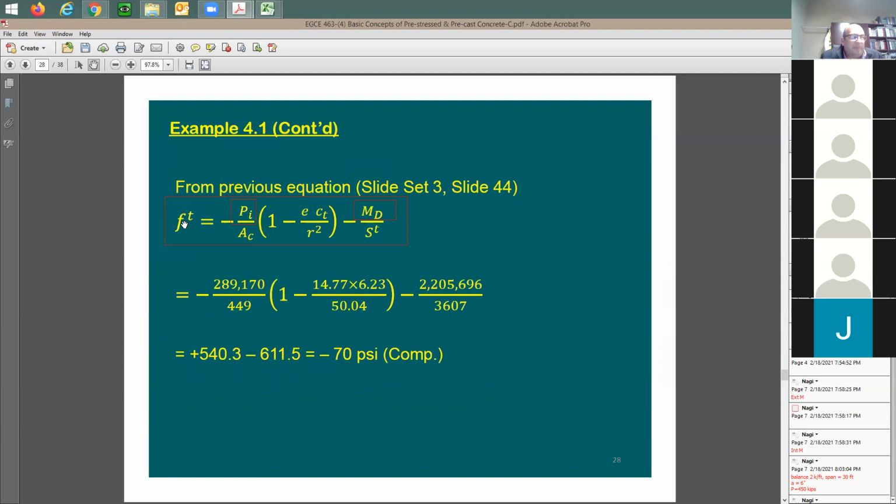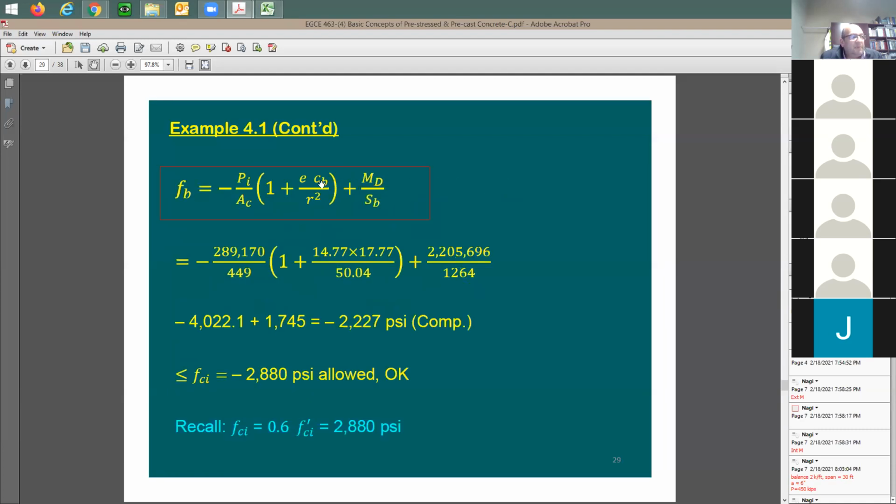This gives me the stress on the top based on the initial pre-stress and only self-weight. That's it. On the top, here's the equation. This is the best equation I'd like to use from the example, and I also know the reference for it. How about at the bottom? Here it is. Just use these 2 equations.